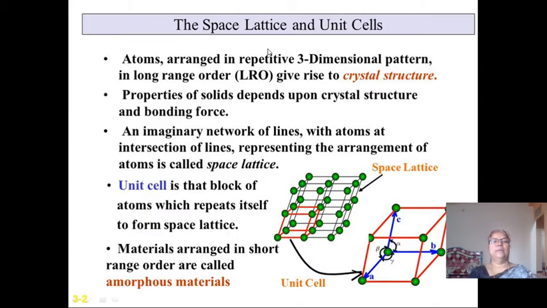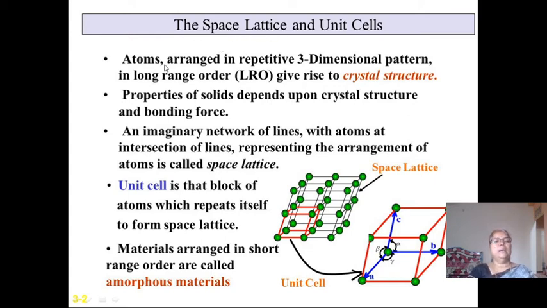Then here the space lattice or crystal lattice and unit cell. Space lattice, or simply lattice or crystal lattice, means the arrangement of atoms in a repetitive three-dimensional pattern in a long range order that gives rise to a crystal structure, and such a crystal structure is called a space lattice.